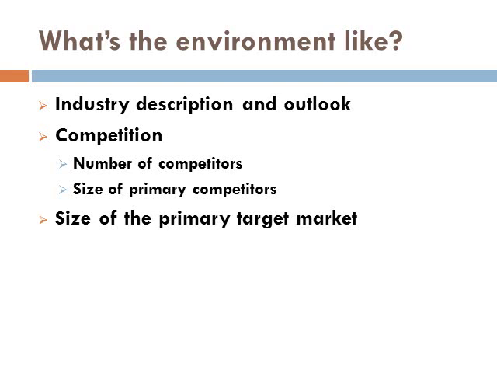The size of the primary target market is also in the environment of that industry. So who is your primary target, and then what is the size of that market?